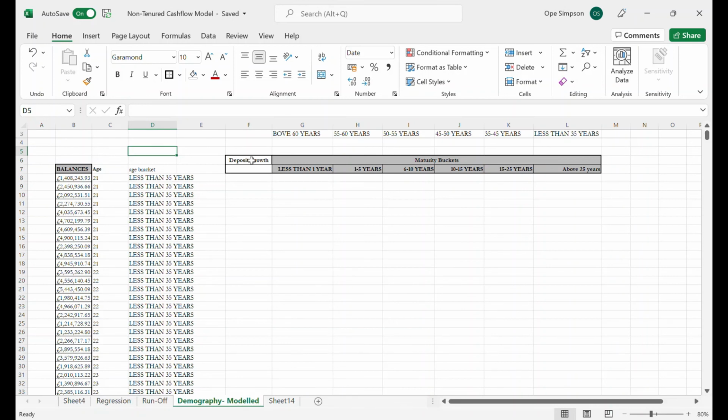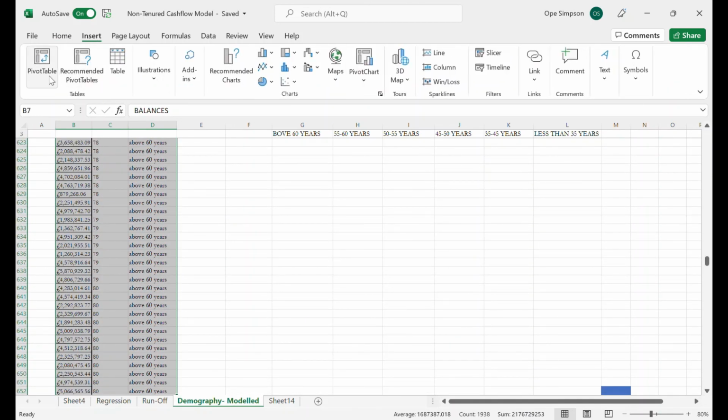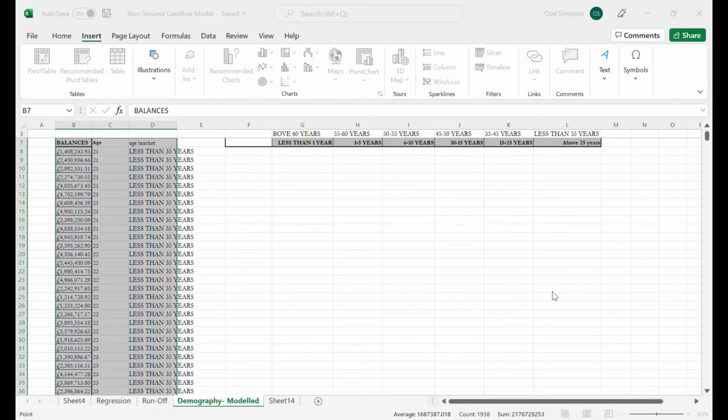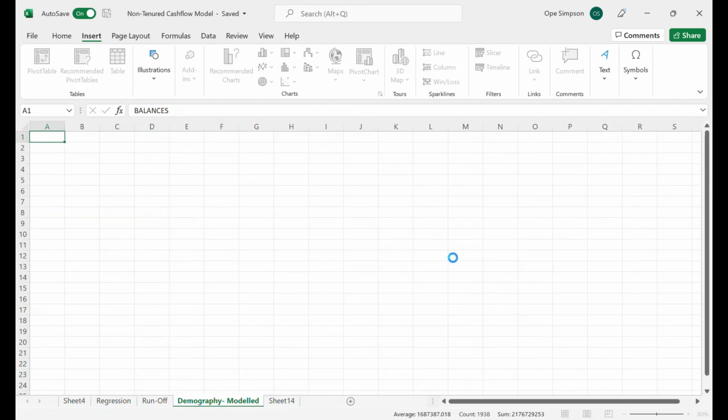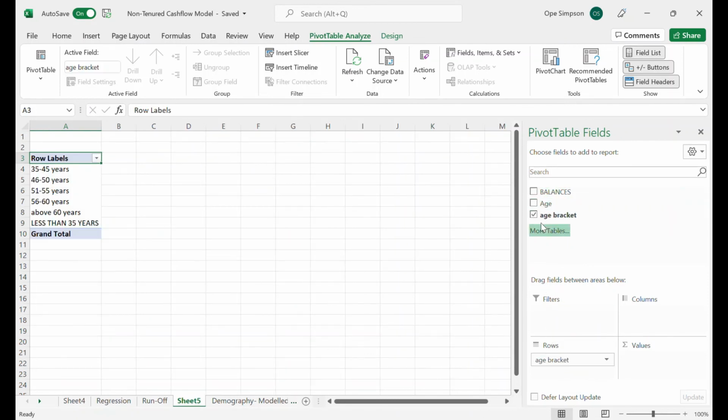Now that we have allocated all our individuals and their balances into age brackets, the next thing we do is create a pivot table of the age of these individuals based on their age bracket, and we insert a pivot table. Age bracket vis-a-vis balances.